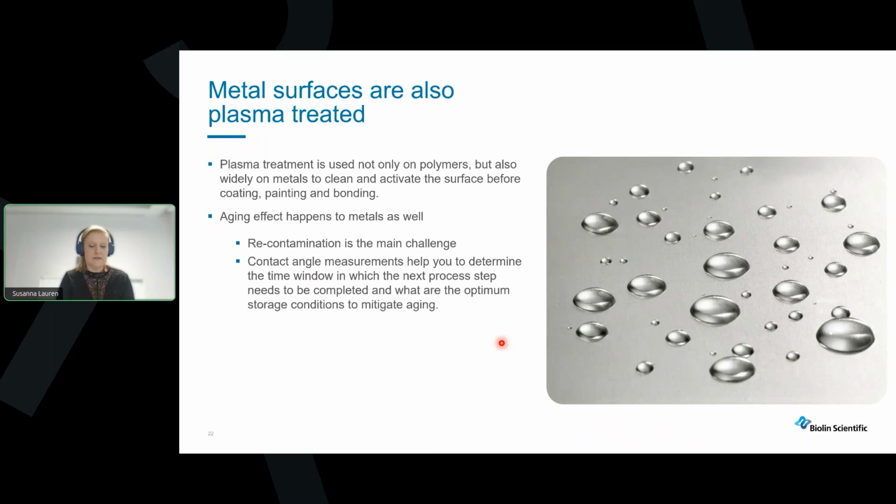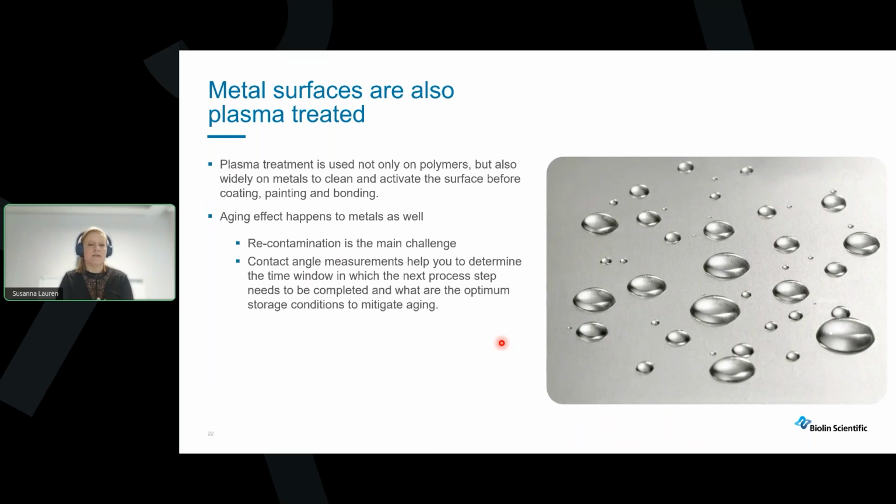And one of the reasons is, if metal surfaces would be totally clean and stored in vacuum, to be honest, they would have extremely high surface free energies. But if you have a very, very high surface free energy, then it will very quickly absorb all kinds of contaminants on the surface.